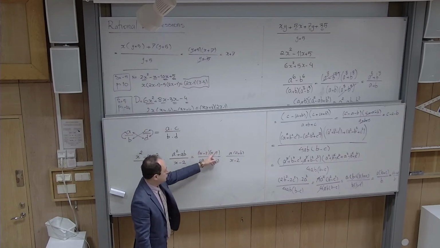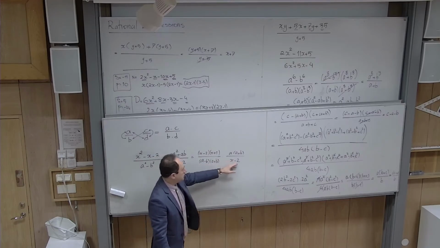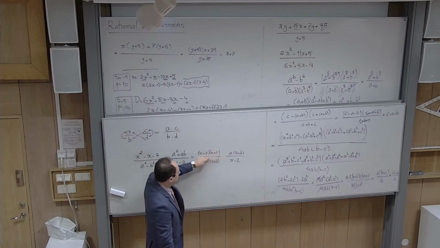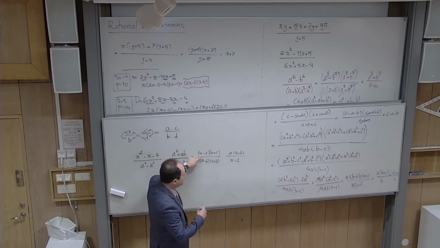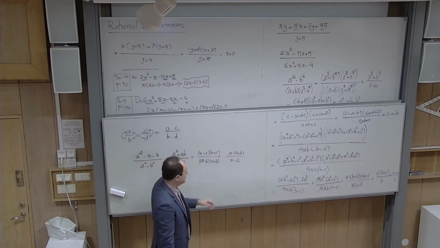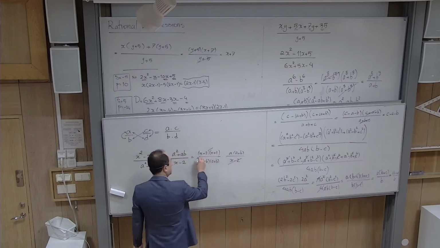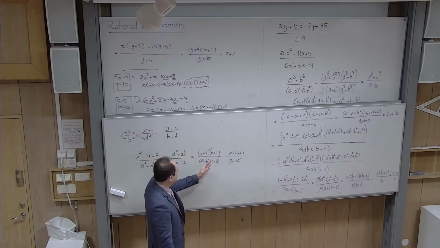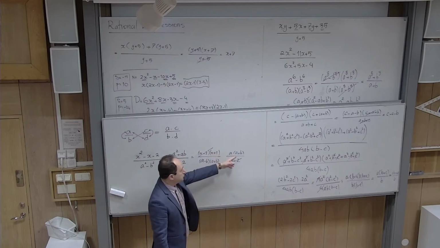No, because there are no common factors. Can I do vertically here? No common factors. Okay, but can I simplify something from the numerator of this one with the denominator of the other one? The answer is yes. So I will do that. And then can I simplify something from the denominator of this one with the numerator of the other one?